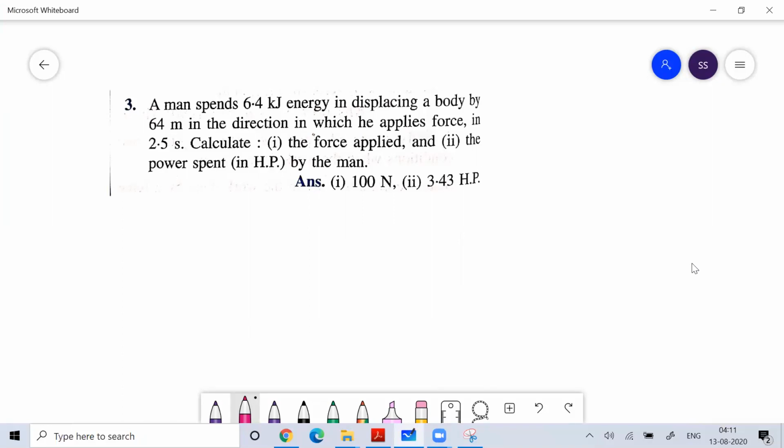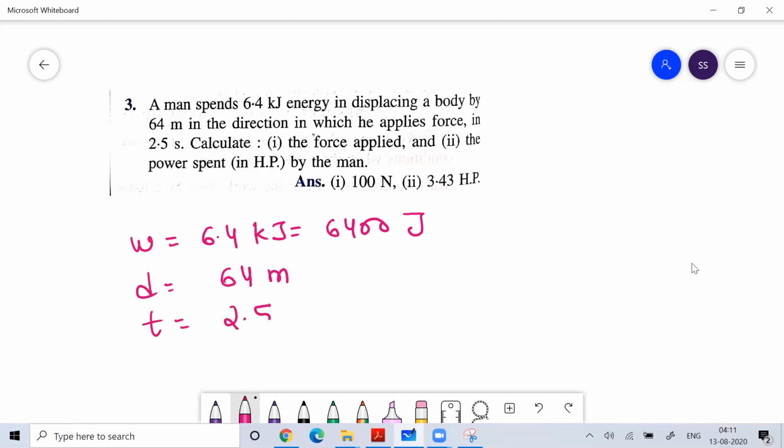Here the work done is 6.4 kilojoule, which I can write as 6400 joule. The displacement is 64 meter, and the time given is 2.5 second. They're asking for the force.